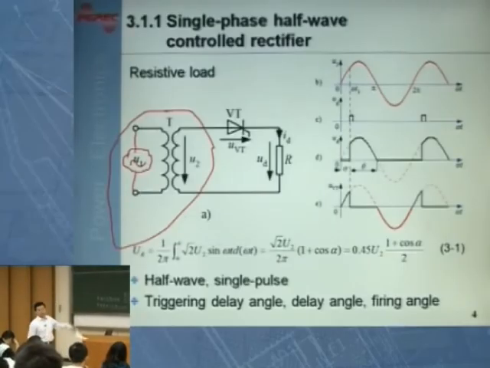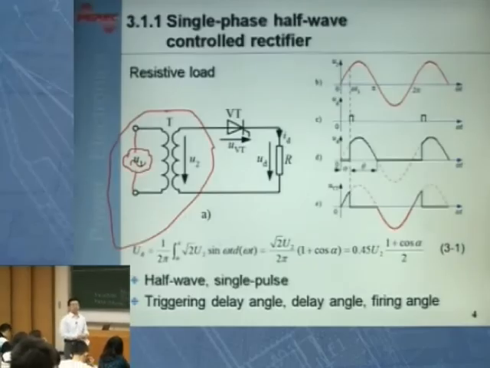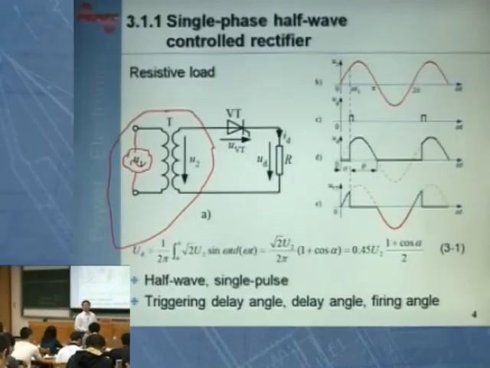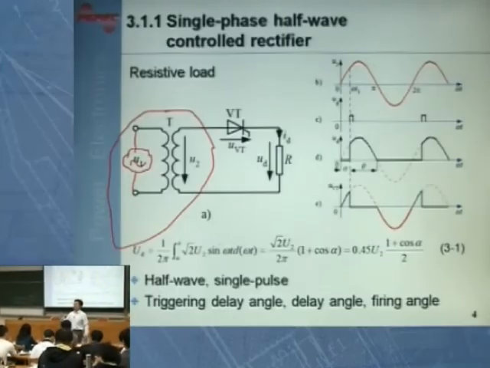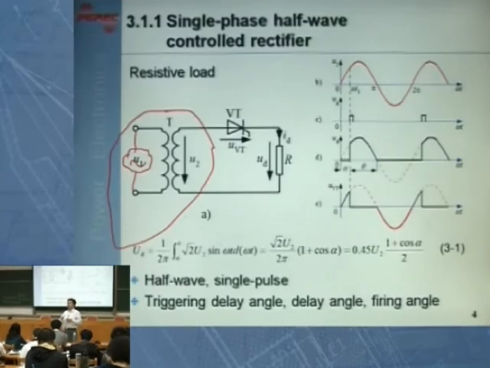And what is the function of that transformer? Can you guess? Why do we put a transformer there? You will see this transformer very often in the future. When we have a power converter, usually we always have a certain transformer for each power converter.